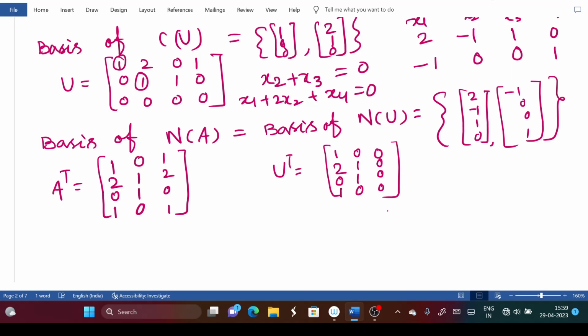Now this will be multiplied with y, so A transpose y is equal to 0 implies, this is y3, so y1 equal to 0, 2y1 plus y2 is equal to 0, and y2 is equal to 0.